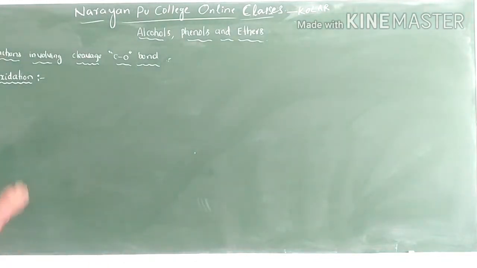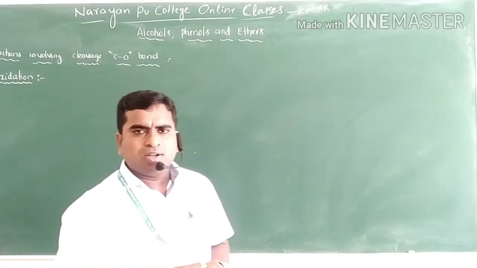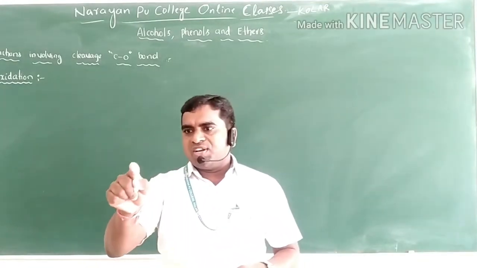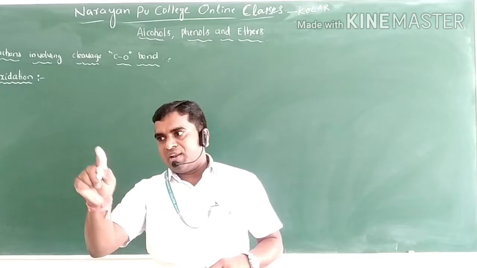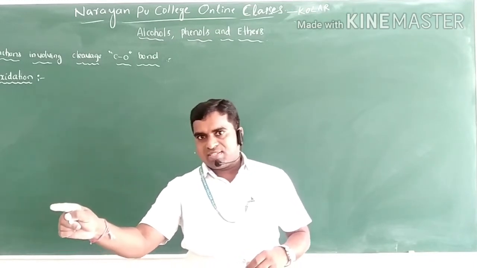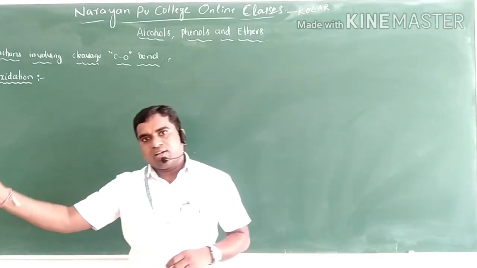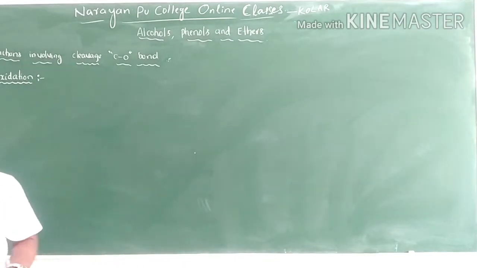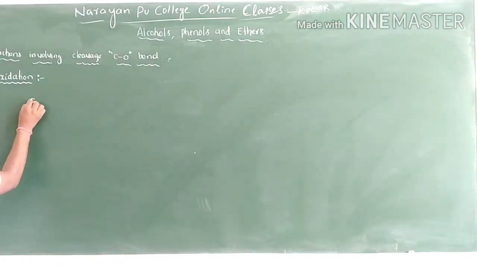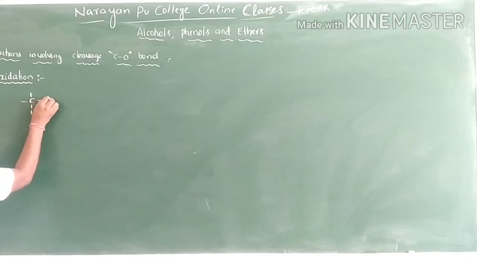Previously I already mentioned the method: alcohol oxidation, primary alcohols mainly give aldehydes, and aldehyde oxidation gives carboxylic acids. Whenever we take the alcohol, this is H and this is OH. This is the alcohol, C-OH, that I have taken.